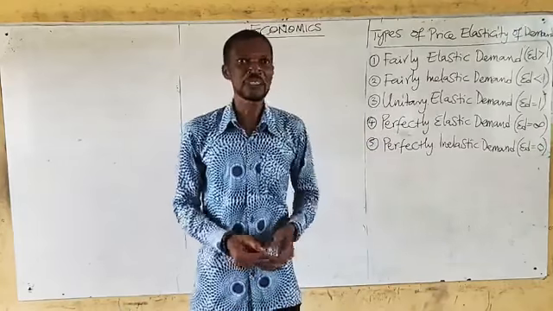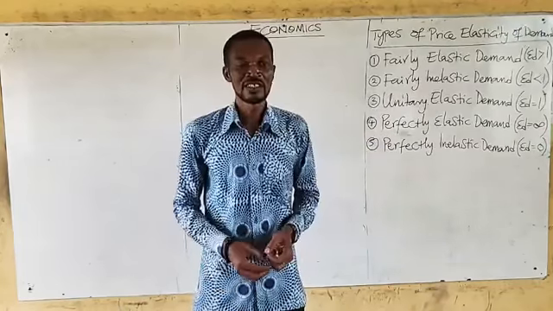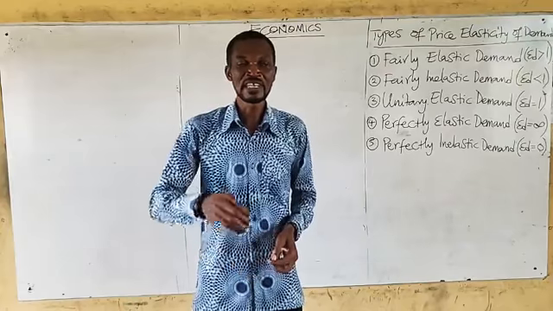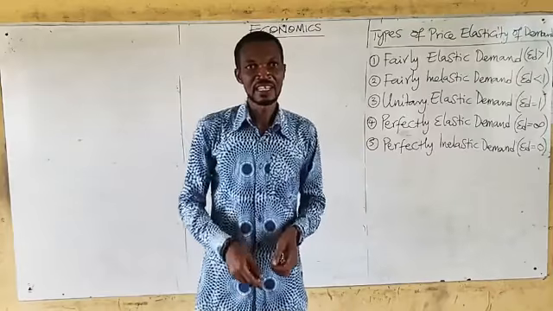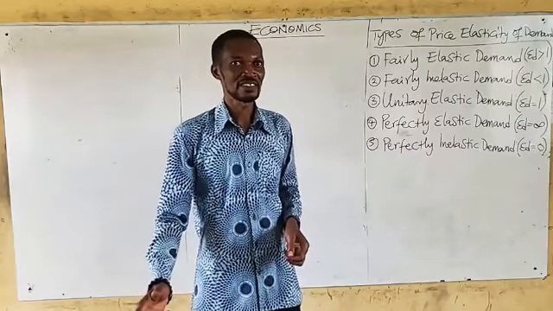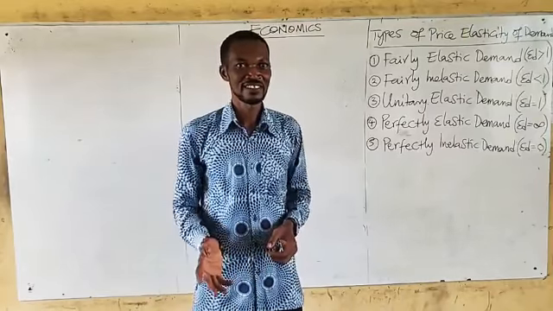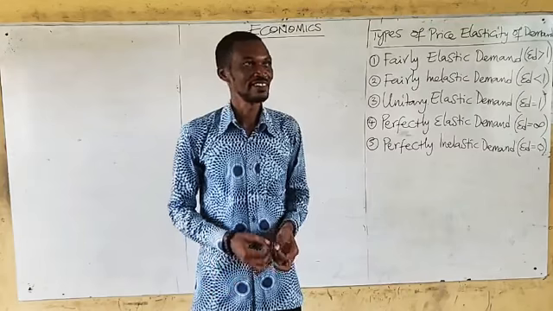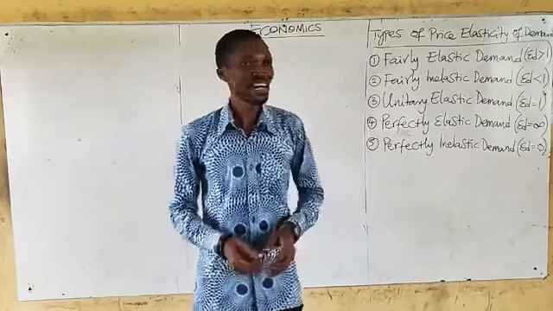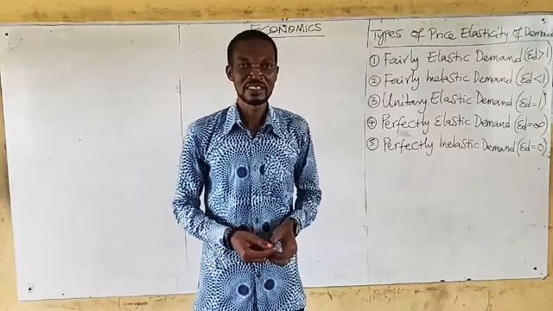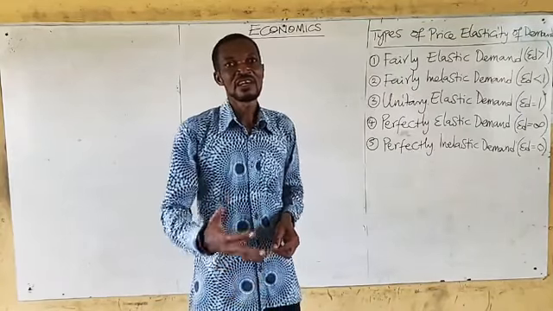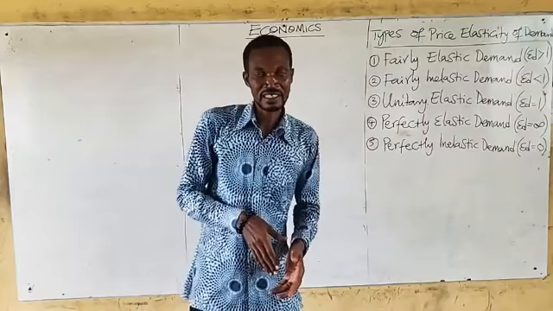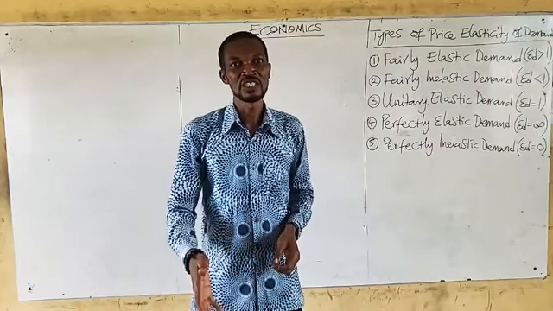Fairly inelastic demand, what about that one? It is when the percentage change in quantity demanded is less than the percentage change in price. You see how it is? I repeat: fairly inelastic demand is when the percentage change in quantity demanded is less than the percentage change in price.